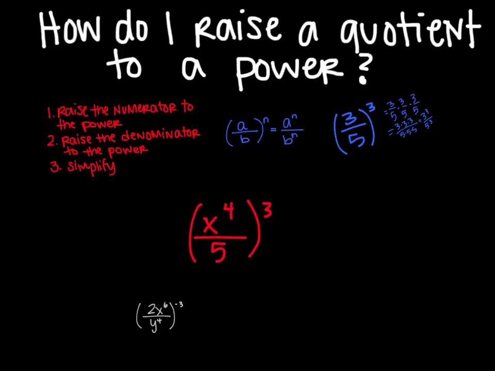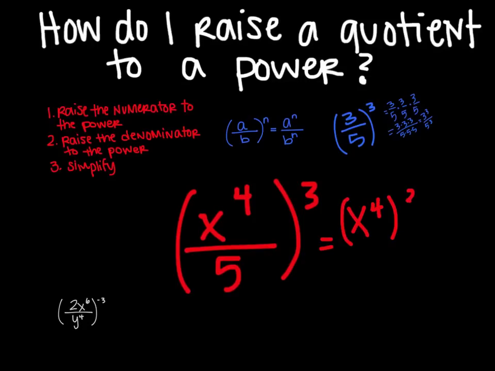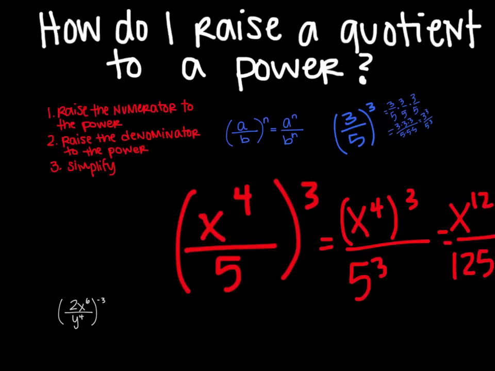So let's do a couple practice ones here. This first one, (x to the 4th over 5) to the 3rd power. We will be taking x to the 4th to the 3rd power and 5 to the 3rd power. And then you know the multiplication rules here, so x to the 12th power over 5 to the 3rd, which is 125.